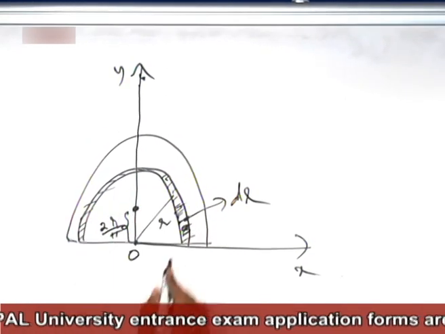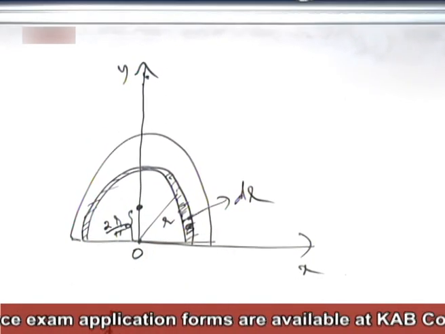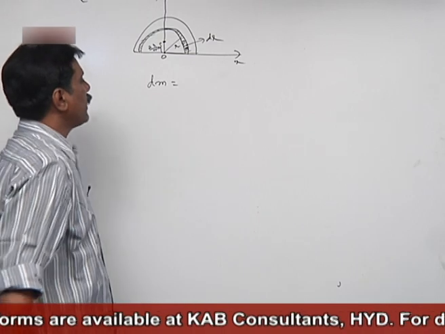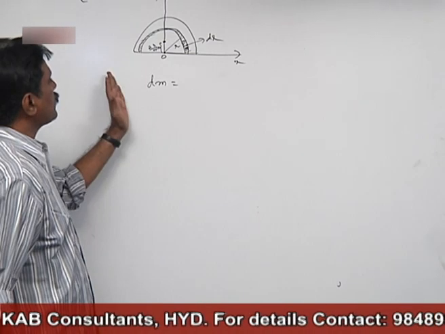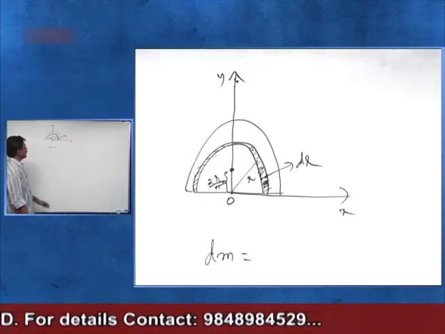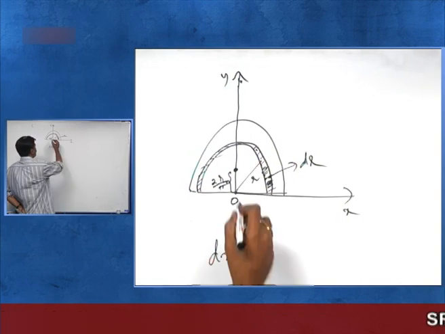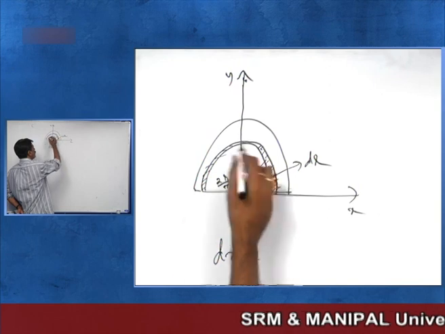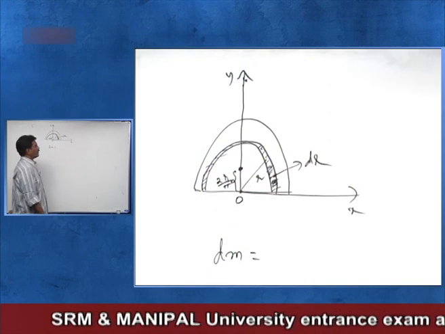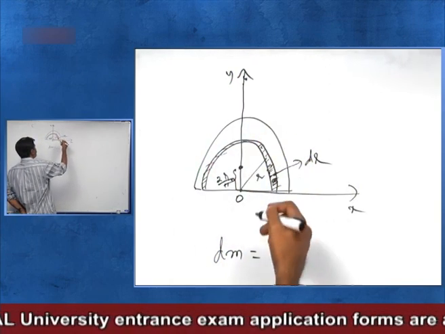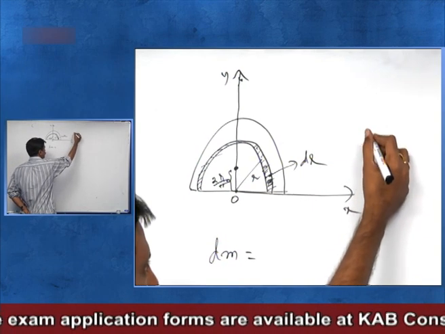Now, what is the mass of this element? dm. Because for every case in the determination of center of mass, you always need dm. Here also let us find dm. dm means area of this into mass per unit area. Suppose mass of this semicircular plate is m.